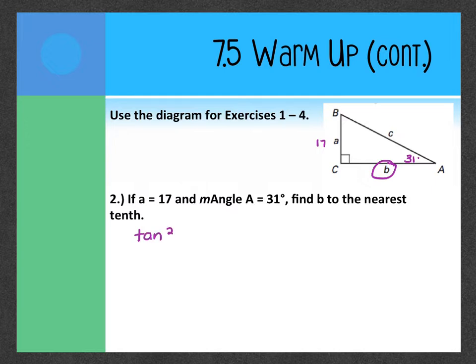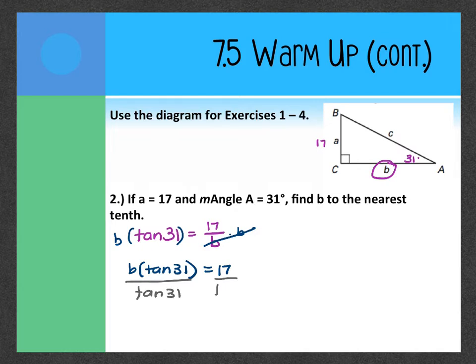So the tangent of the angle, 31 degrees, would equal the side opposite it, which is 17, over the side adjacent to it, which is B. B is in the denominator, so I'm going to multiply both sides by B. And it cancels from here. And then I'm going to divide both sides by the tangent of 31. And it cancels from here. So B is equal to 17 divided by the tangent of 31.